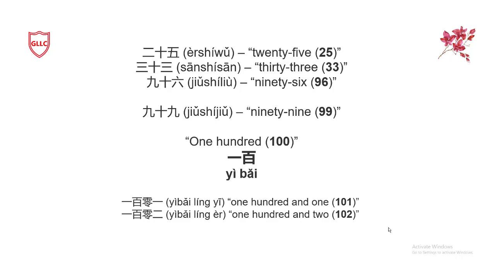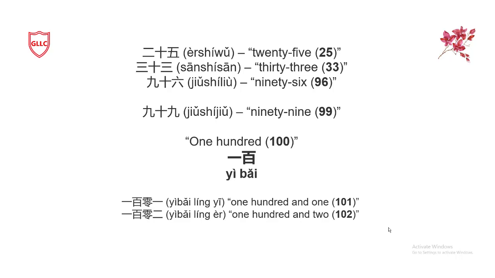And 33: first we need to pronounce 30. 30 means 3 times 10. So san means 3 and shi means 10, 3 times 10. 30 and 3 means san, 33. If we say 96, it means 9 times 10 plus 6, 96. And if we go for 99, then it's 9 times 10 and 9 plus 9.